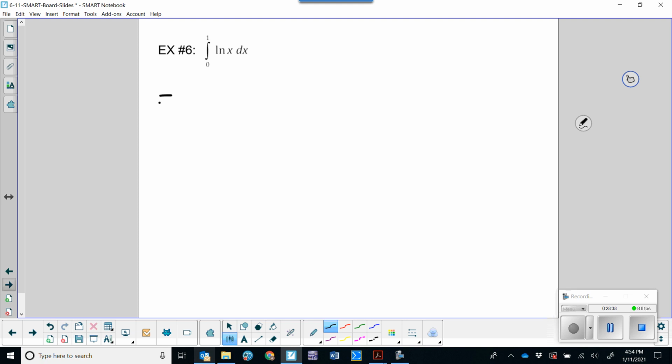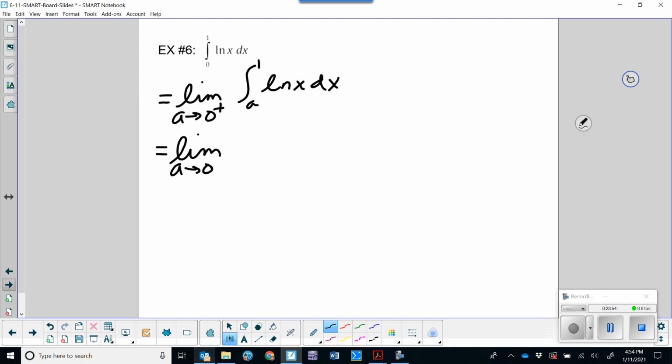So we're going to get rid of it and say let a approach 0 from the right, because a to 1, I'm on the right side, ln of x dx. Now, you could do that antiderivative by doing integration by parts. We learned that, but if it were me, I would just memorize it.